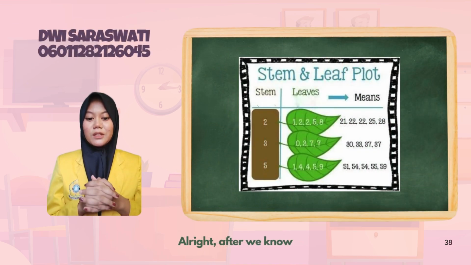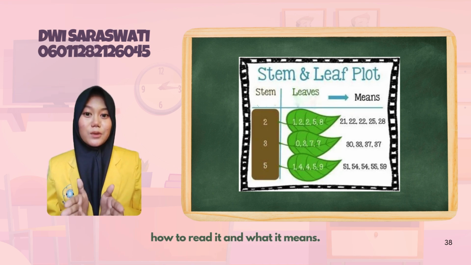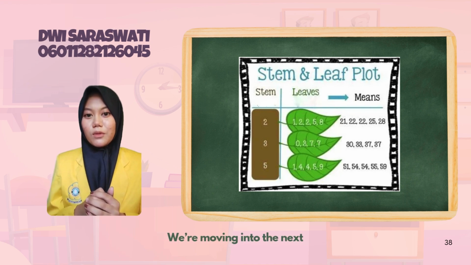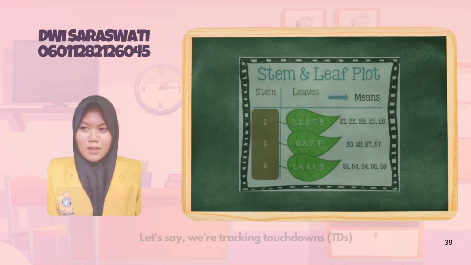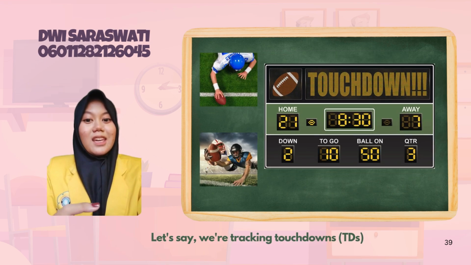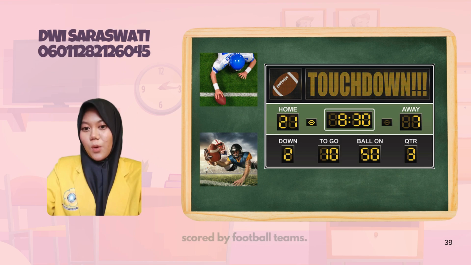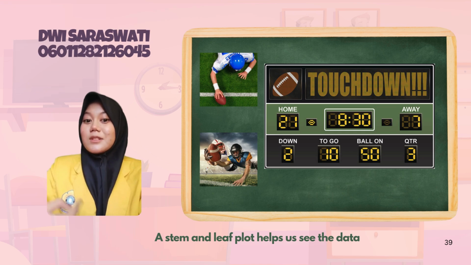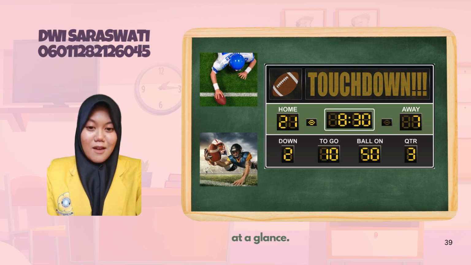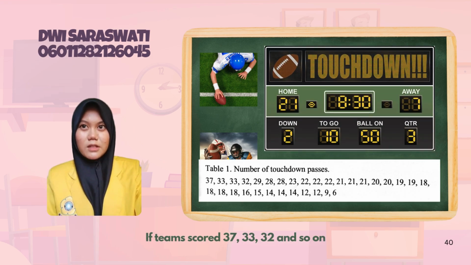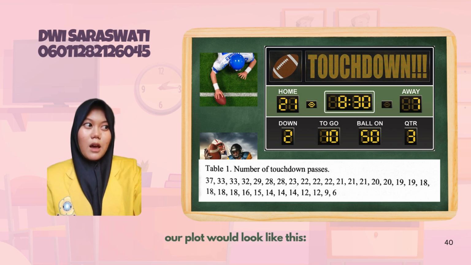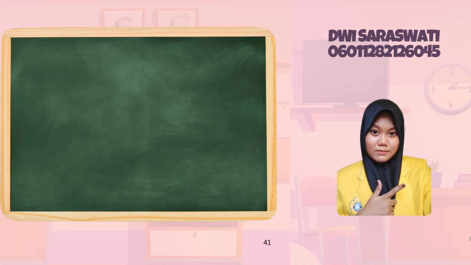Alright, after we know what a stem and leaf plot is, how to read it, and what it means, we're moving into another form of stem and leaf plot. Let's say we are tracking touchdowns, or TDs, scored by football teams. A stem and leaf plot helps us see the data at a glance. For example, if teams scored 37, 33, 32, and so on, our plot would look like this.